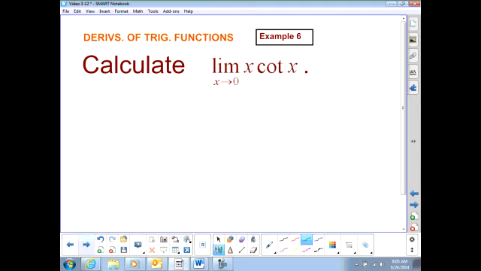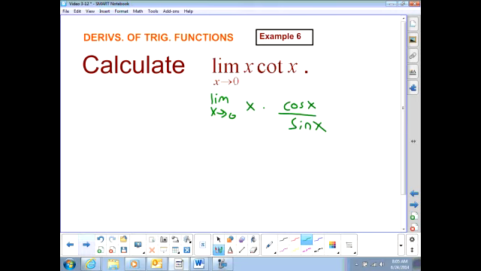Working with some limits again, we've got the limit as x approaches 0 of x times cotangent x. Well, we can write cotangent x as cos x over sine x, the reverse of that. And I'm going to show you two ways you can think about working with this.